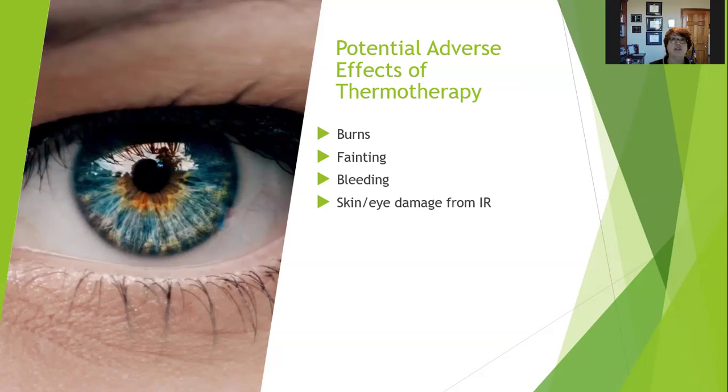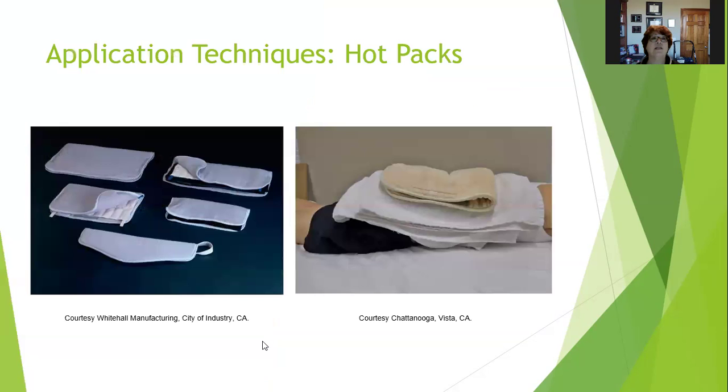If you're using low-level laser light, which we'll talk a little bit about later, you often have to protect your eyes from that. But if you're using infrared heat, then skin or eye damage could be a potential adverse effect. A lot of times we use the hydrocollator packs, which are shown here. We have those in the lab and we'll practice using them a little bit.